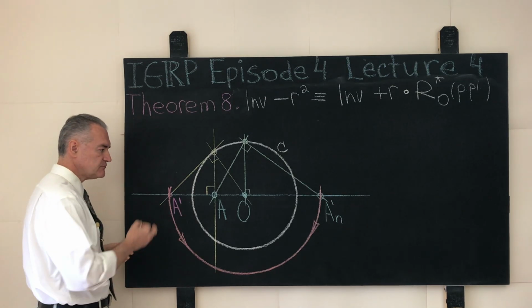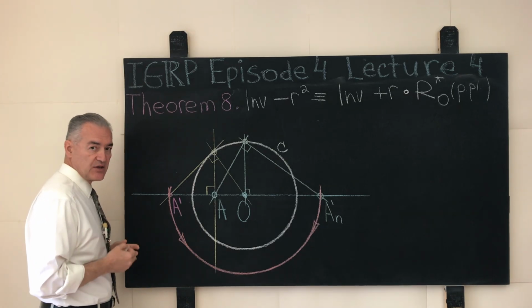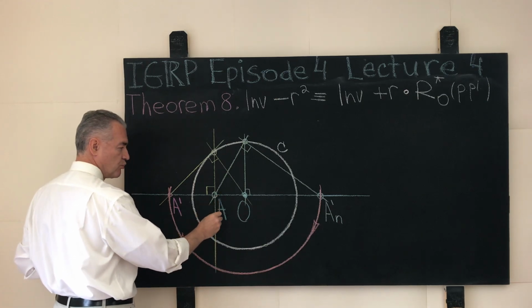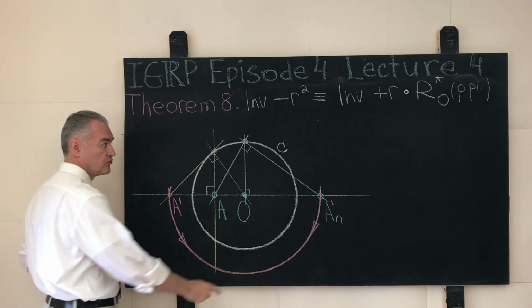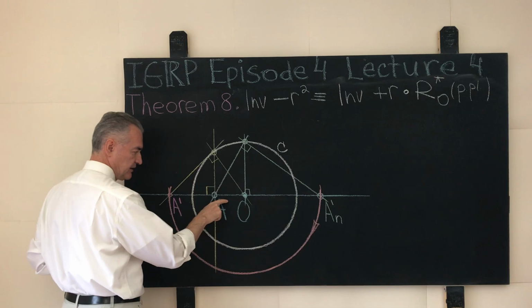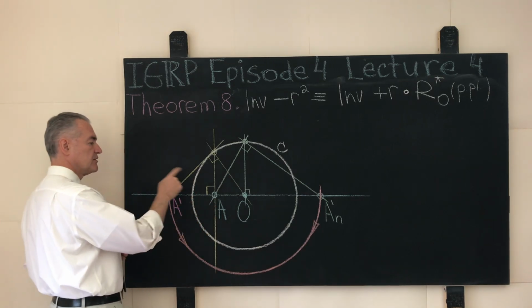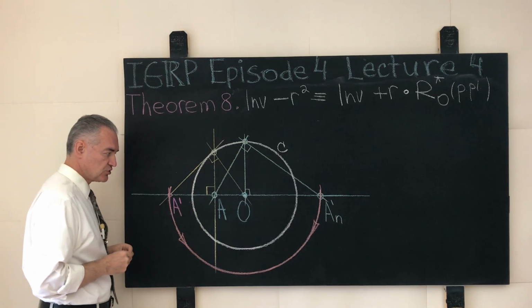But here the proof of this theorem will unfold in the same way regardless of where the sample pre-image point A is located in reference to the circle of inversion C. It can be located strictly inside, it can be located precisely on the circle of inversion, it can be located strictly outside of the circle of inversion.